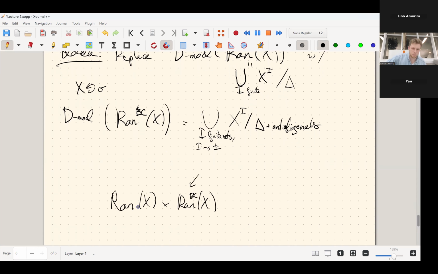And then we have some open subsets U going to the BC type Ran space for that curve.